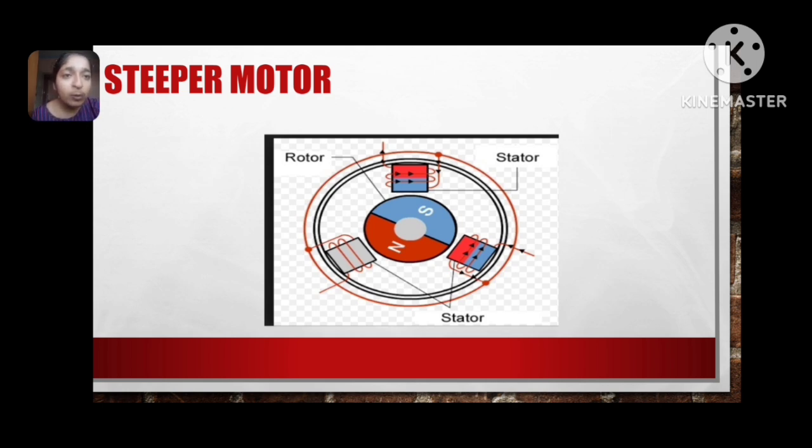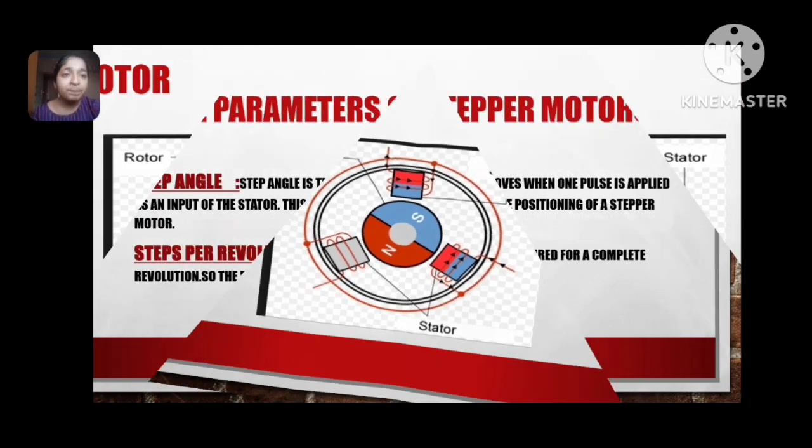The blue one is the rotor, and the upper and lower edges we call stators. We will see half wave and full drive in the stepper motor. This is a block diagram of the stepper motor.